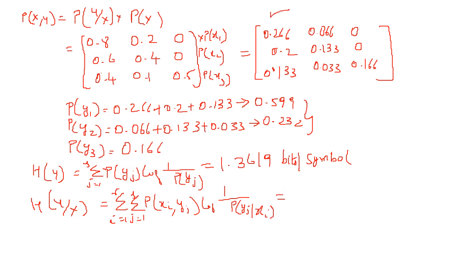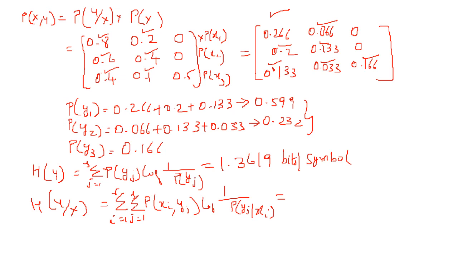So multiply 0.266 into log of 1 by 0.8, 0.066 into log of 1 by 0.2, similarly 0.2 into log of 1 by 0.6, 0.133 into log of 1 by 0.4, then 0.133 into log of 1 by 0.4, then 0.033 into log of 1 by 0.1, and 0.166 into log of 1 by 0.5.